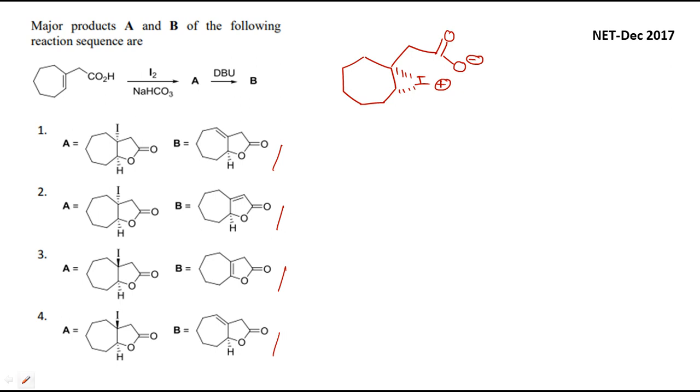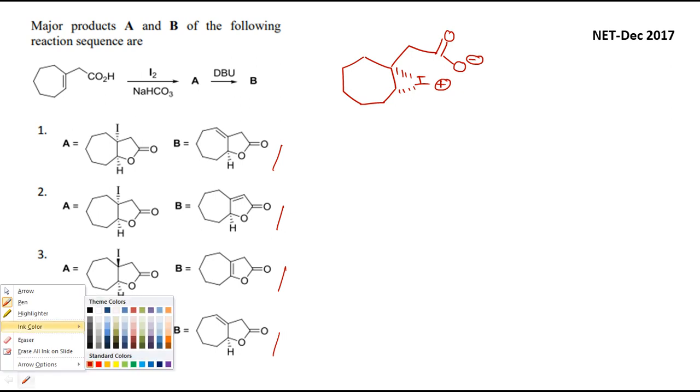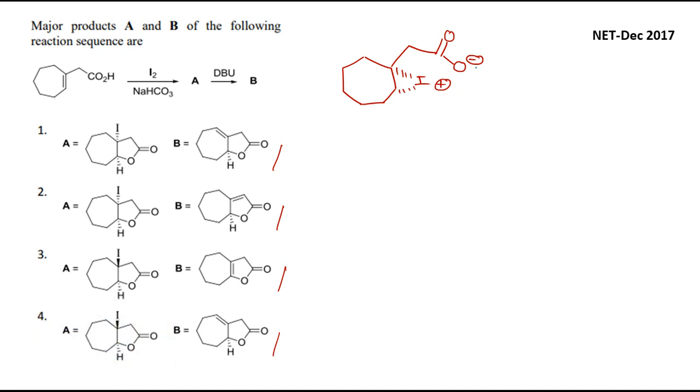Now this O minus will attack in such a way that you get a 5-member ring. Because if you look at the structure, in all cases it is a 5-member ring. Even if the structure were not given, the 5-member ring is better, because if you attack at the other position, it will be a 4-member ring, which is not stable. So that is why this attack will actually happen.